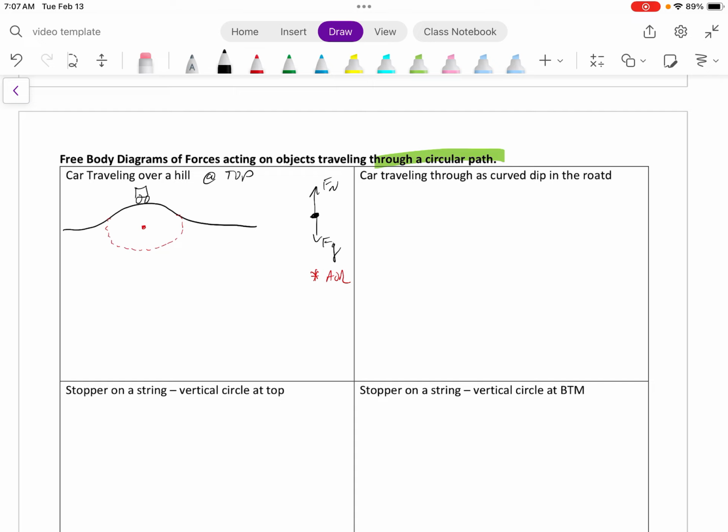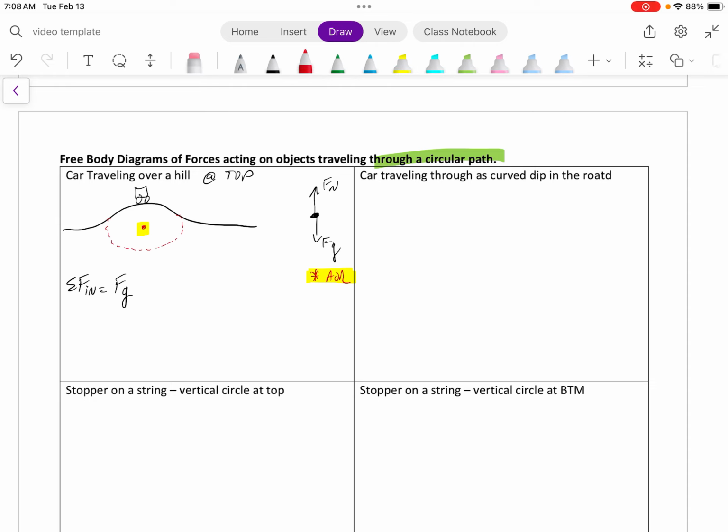And so I'm going to sum the forces not in the y, but in the inward direction. And the rule is that forces pointing towards the center of the circle are positive. And in this case, force of gravity is pointing towards the center of the circle, which is why I have shown near my free body diagram the location of that axis of rotation. So there's my axis of rotation.